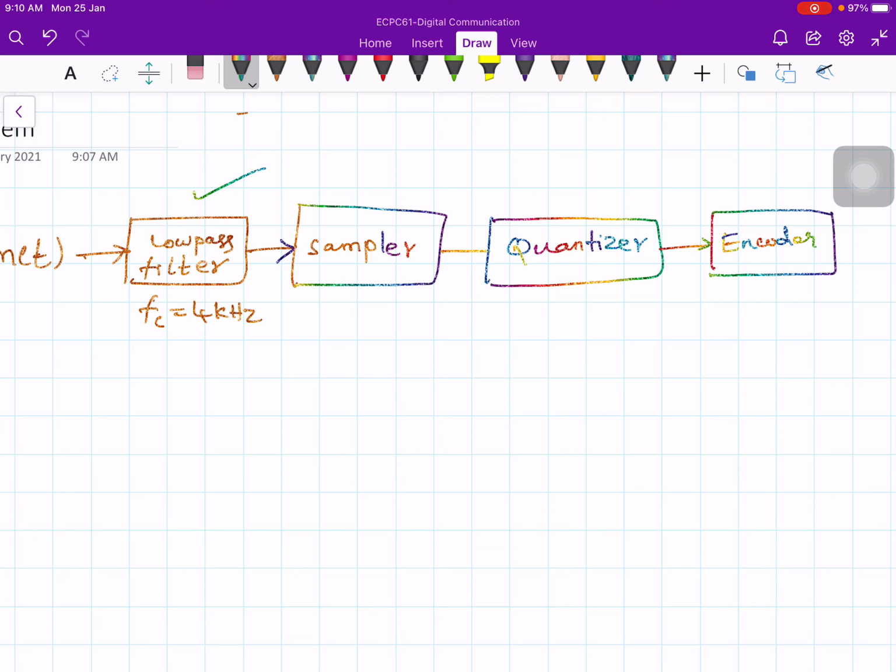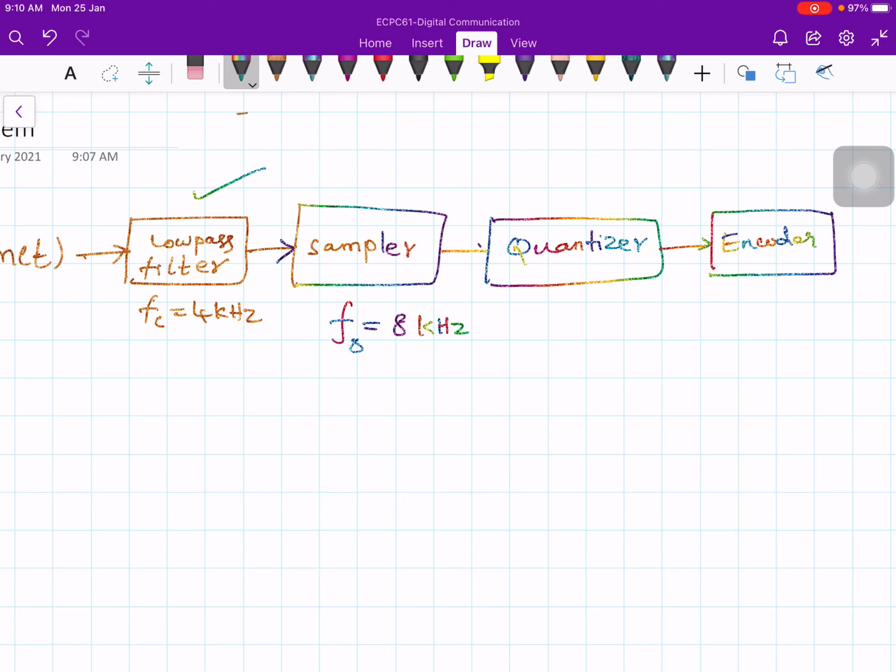As I said, typically for voice signals, this low pass filter will have a bandwidth of less than or equal to 4 kilohertz. Therefore your sampling will be done at a rate of at least 8 kilohertz.